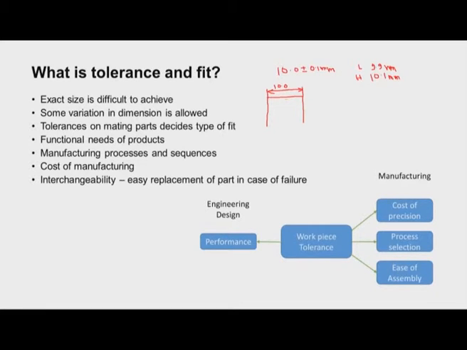If the workpiece that is produced is having any size between this 10.1 millimeter and 9.9 millimeter, then it will be acceptable. So now while specifying the tolerances, we should see what is the functional need of the workpiece. This is very important.